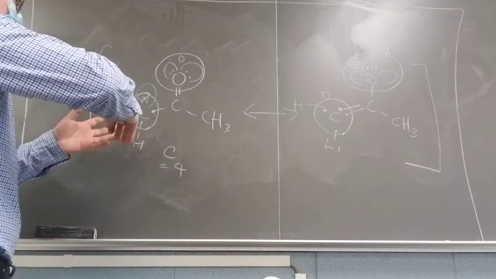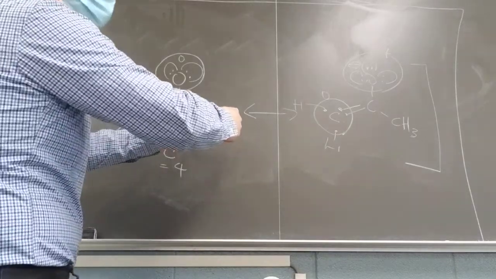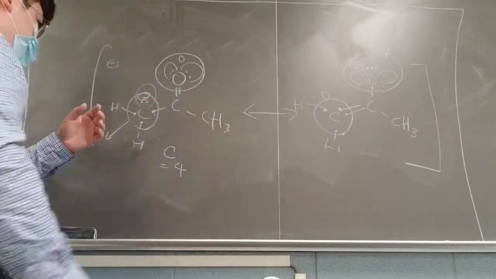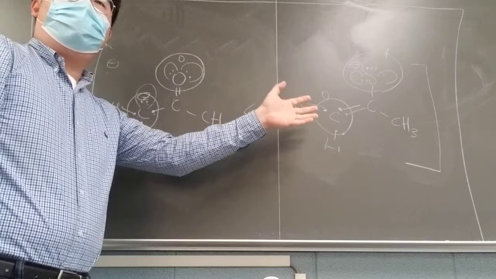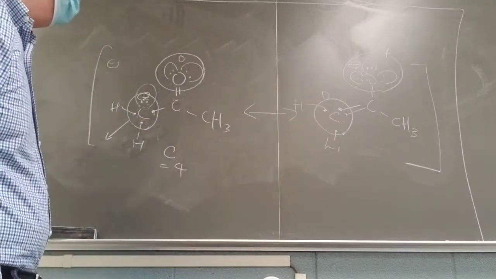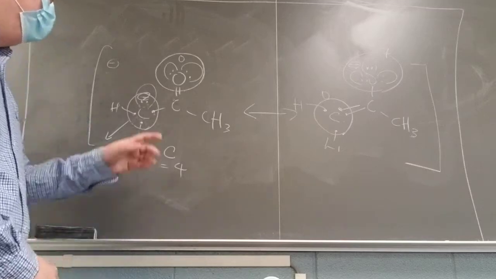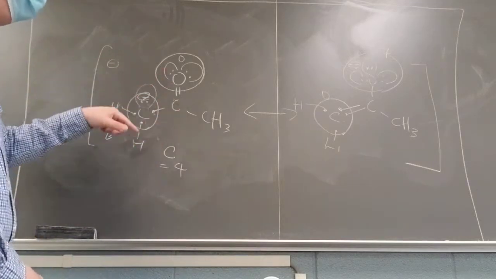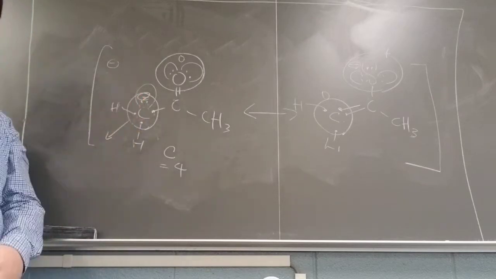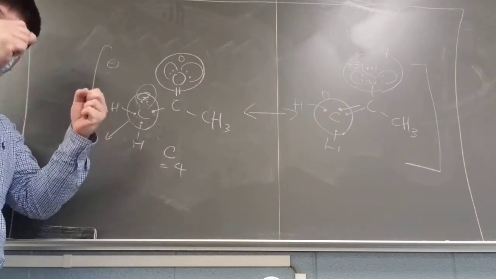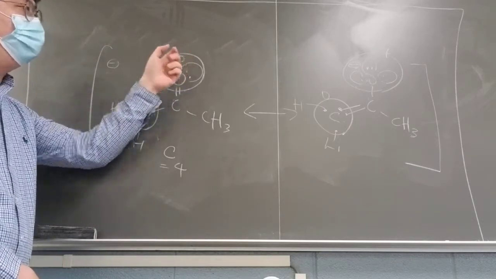You can rearrange the location of the lone pair and the double bond, so you can have a very good possible structure of the same compound. Kind of makes sense. The formal charge of the total compound has not changed. The only thing that changed was the location of the lone pair and the double bond. I mean the pair, the electrons that were initially in the double bond are now over here.